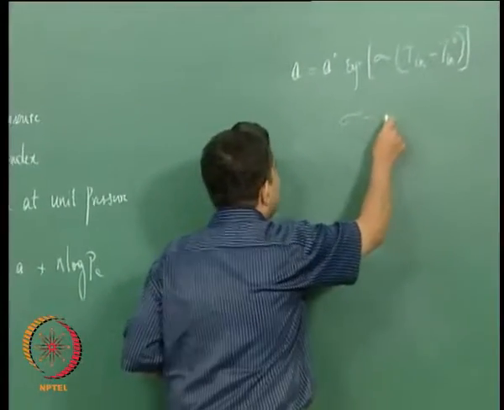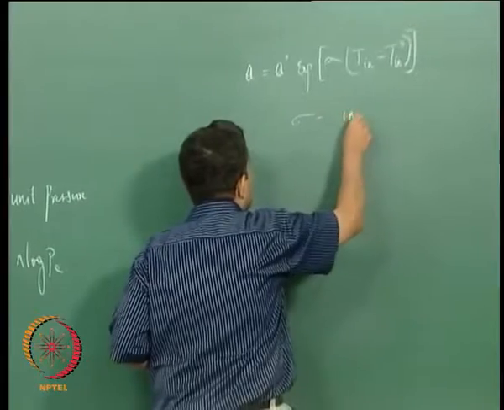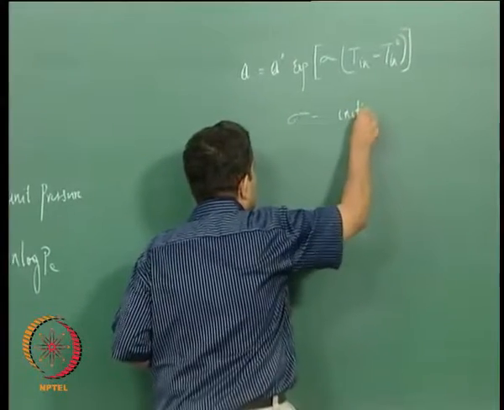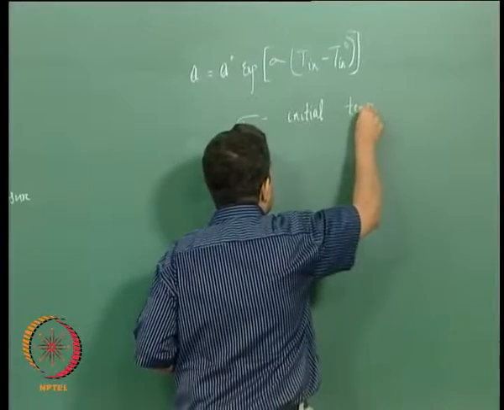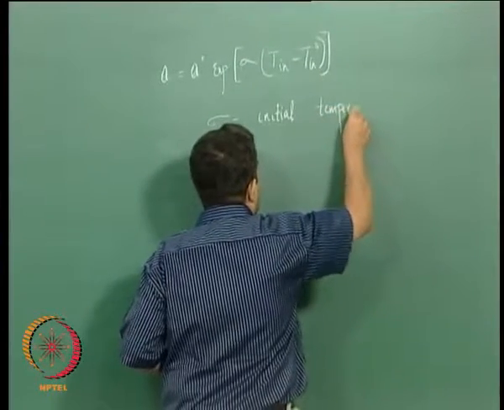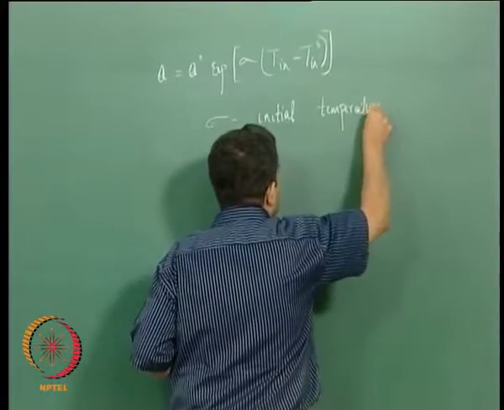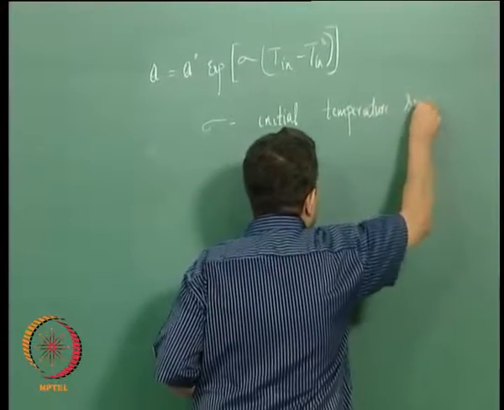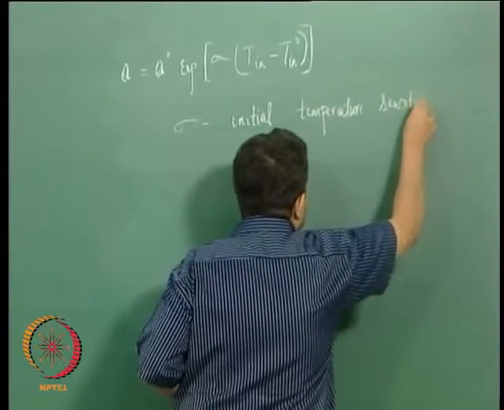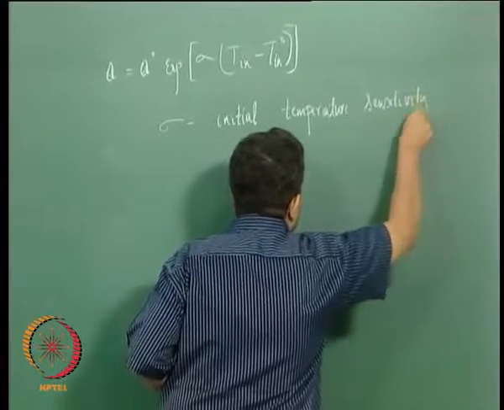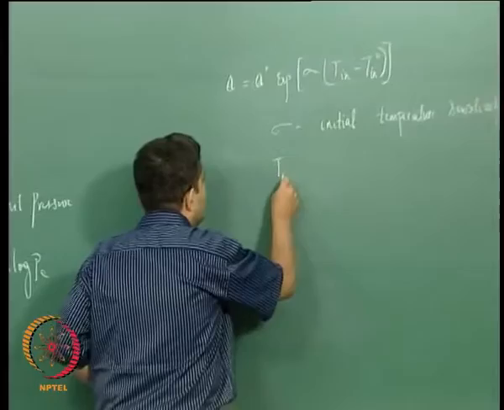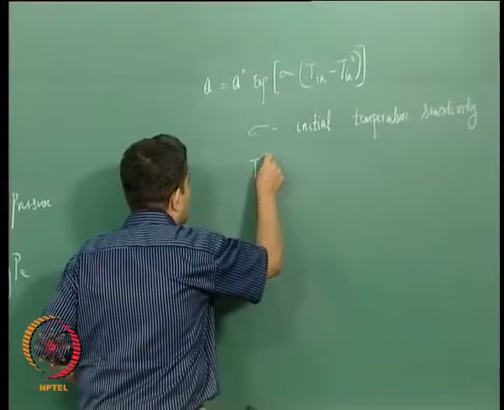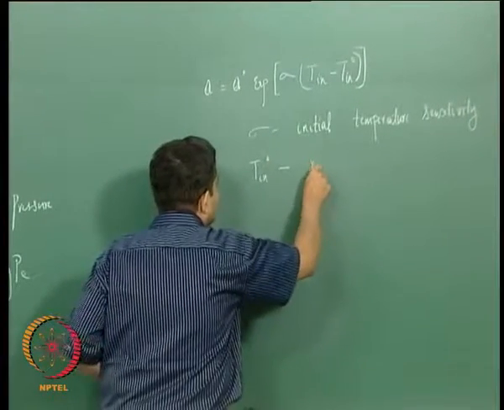Sigma is known as the initial temperature sensitivity, and Tin naught is some reference initial temperature.